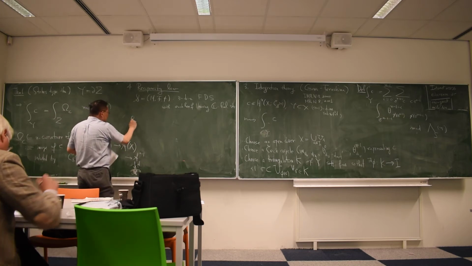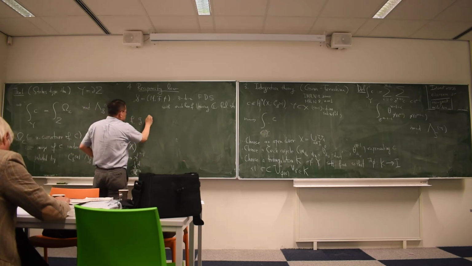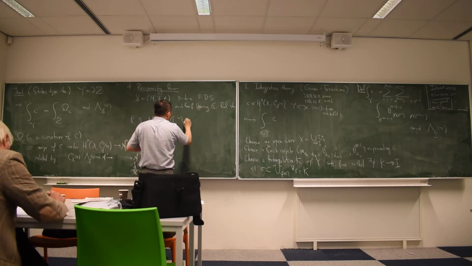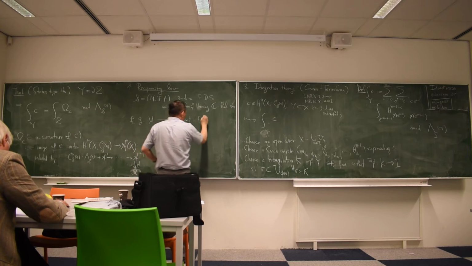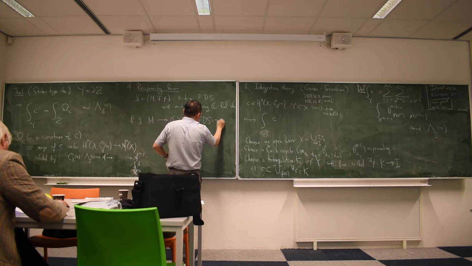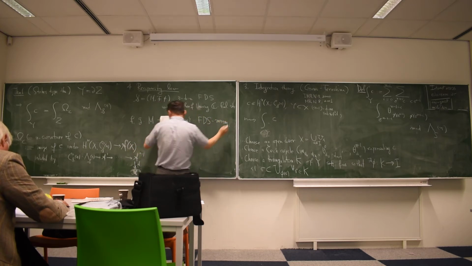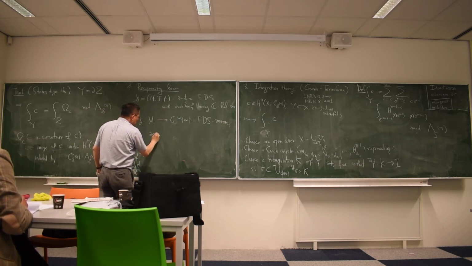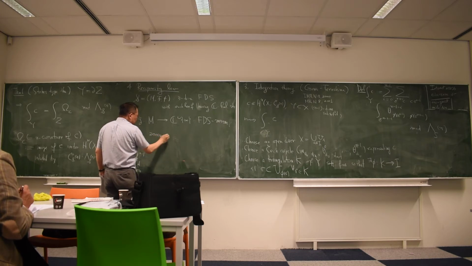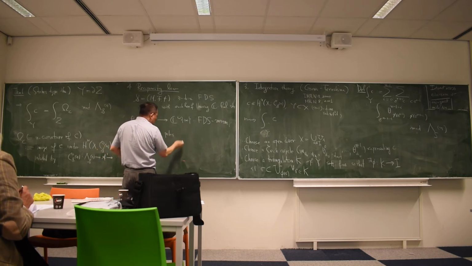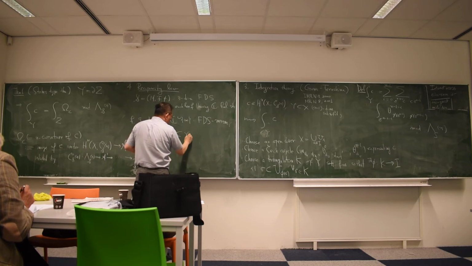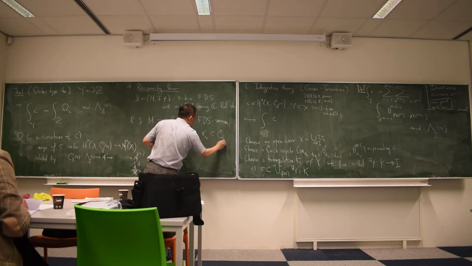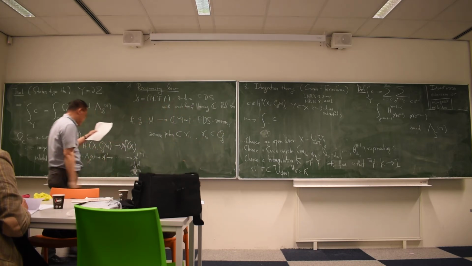Then suppose we have f, g, foliated meromorphic functions in the sense of Cauchy, whose zeros and poles lie along closed orbits, some finitely many closed orbits.